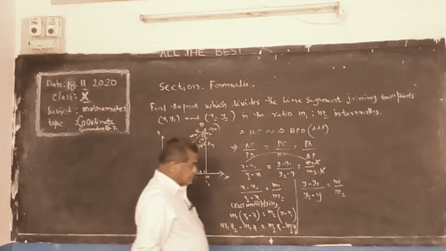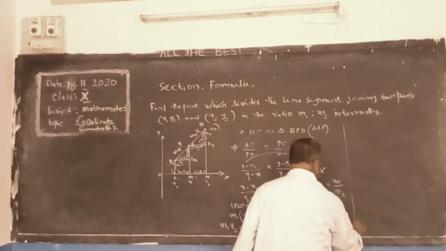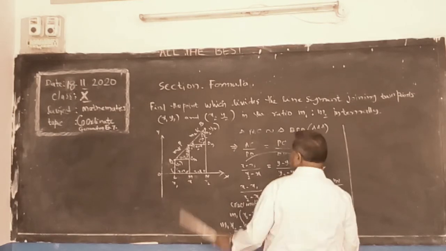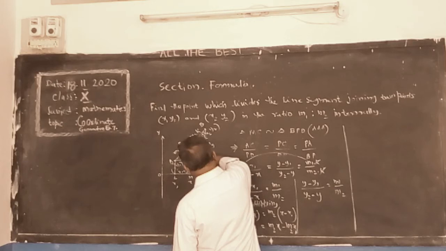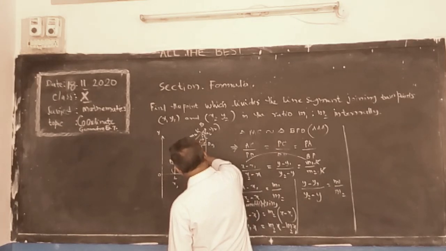Now bringing all the x terms to one side, only x. We want the coordinates of the point P, x y. Here the coordinates are x y.